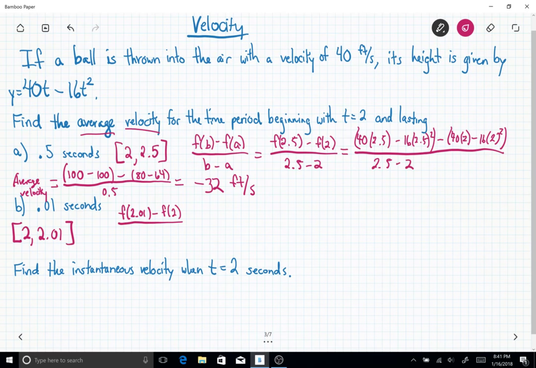That's going to be 16. And then you have 2.01 minus 2. So in that case, f of 2.01 we will have to plug in again. So we have, what is that, 40 times 2.01 minus 16 times 2.01 squared.